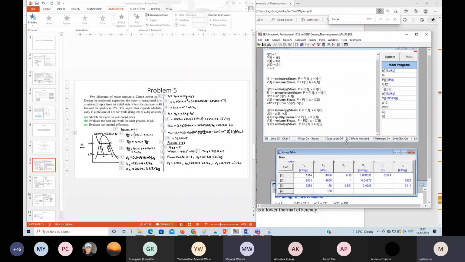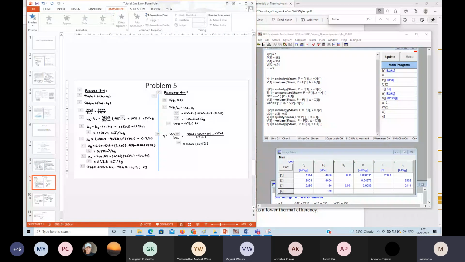Fine. Okay, and then now what do we need to calculate? All we have calculated over here. Yes, and then we need to calculate. Anyhow, in the end we care about the efficiency, right?